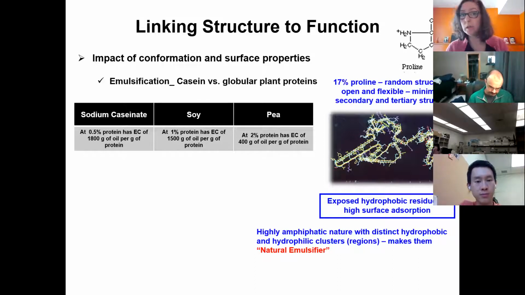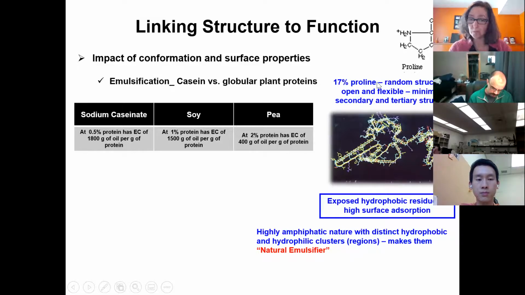If I want to link structure to function with regard to emulsification, let's look at casein, which is an open structure protein. Like I said, it has this very nice surface hydrophobicity to hydrophilicity balance. The reason it has a lot of random coil and not a structured configuration is its high proline, which is a secondary structure breaker.